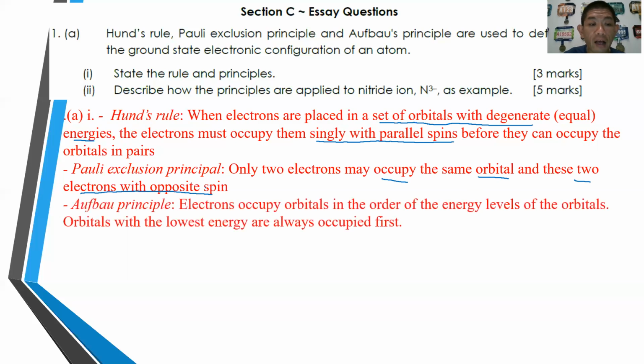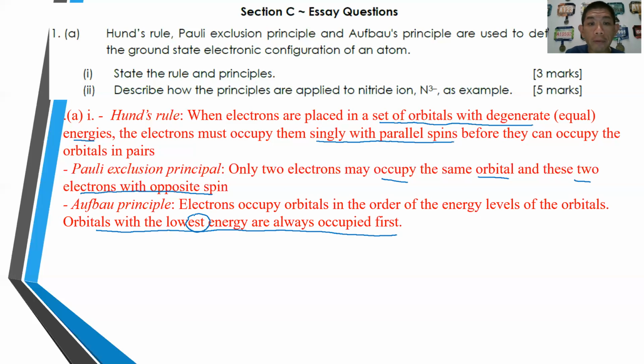And finally, Aufbau principle: electrons occupy orbitals in the order of energy, and orbitals of the lowest energies are always occupied first. So the keyword must be lowest here. Cannot say low, cannot say lower, no. So that is for question number 1A, 3 marks.